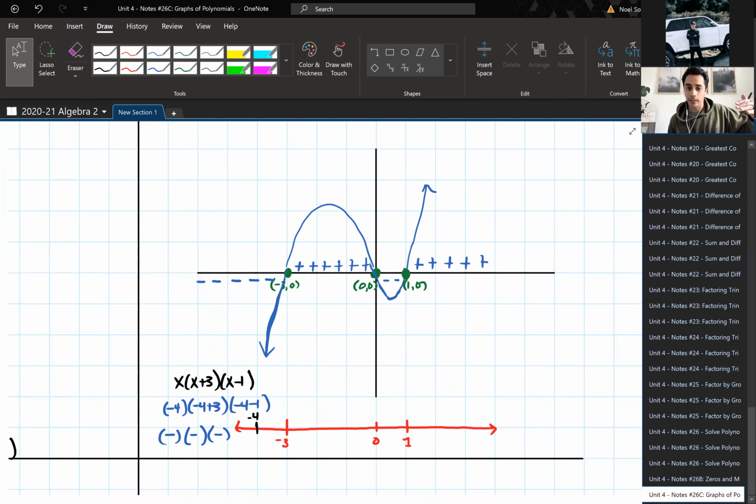That sign analysis told you that it should be below the x-axis. But if your multiplicity is 1 at every single x-intercept, then you know it's going to cross, then cross back, and then cross back again. So you know it's just going to keep alternating: plus, minus, plus, minus, plus. Okay.